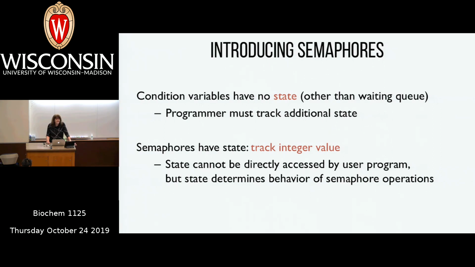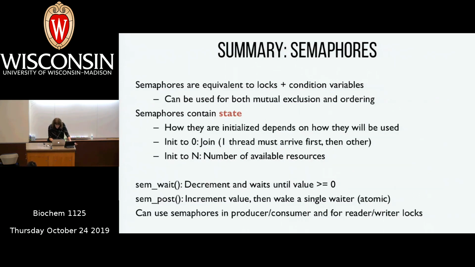But that integer is going to determine how the semaphore behaves. So basically, I think I reversed this compared to some other ones. You wait while the value is 0 or less, and then after that's the fact, then you decrement it. So the behavior of your semaphore depends upon what that integer value is.